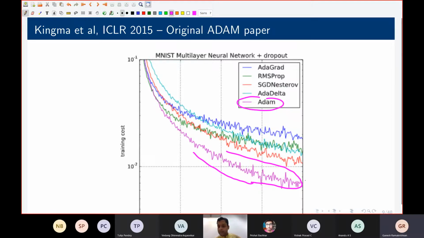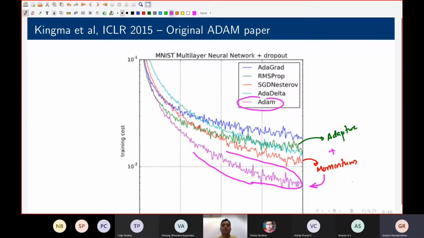Remember, Adam has put together two things: momentum, which is the one in red, and RMSprop, the one in green, which was adaptive. The two have been put together in some sense.